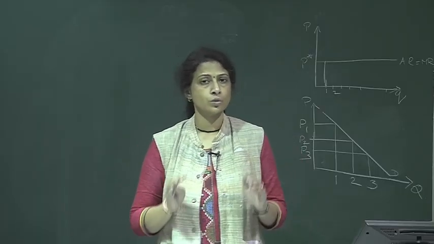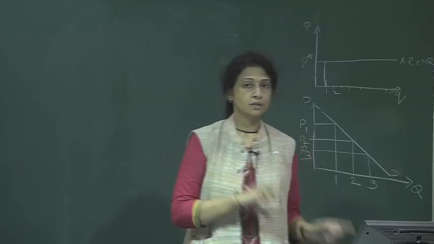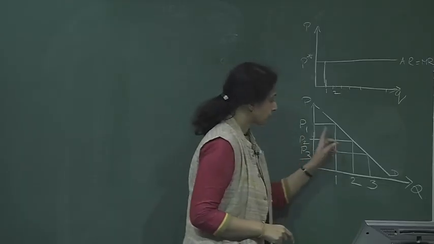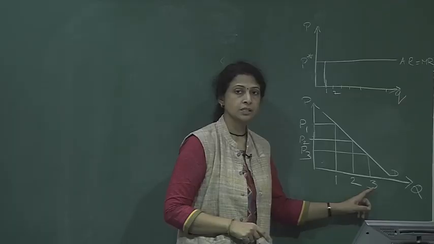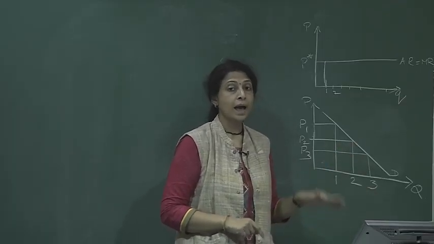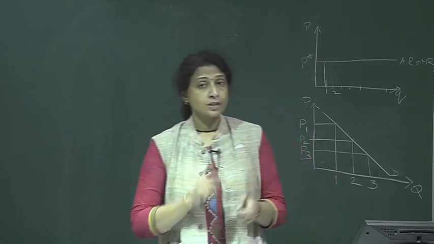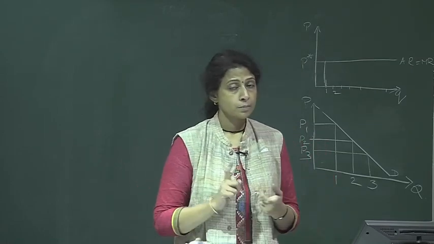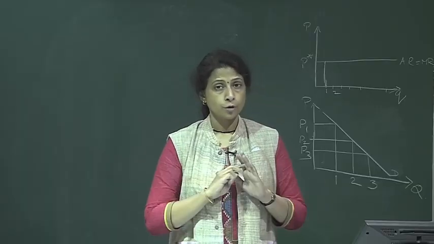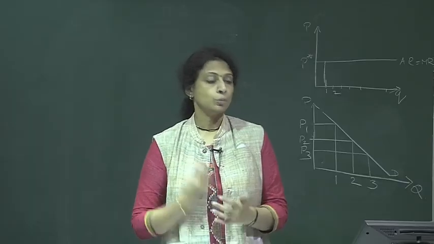But in case of the monopolist, he knows that if he keeps on increasing the units of output, his price is going to go down and his marginal revenue is also going to change. So, the marginal revenue is not the same for all the units that he sells. So, there is a decision to be made for the monopolist.